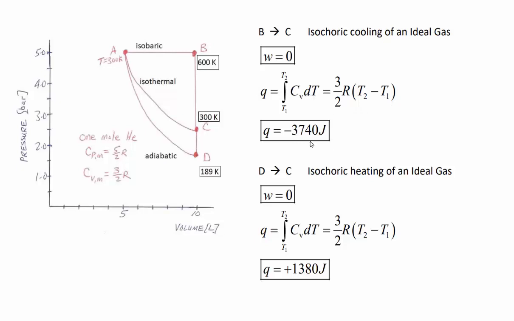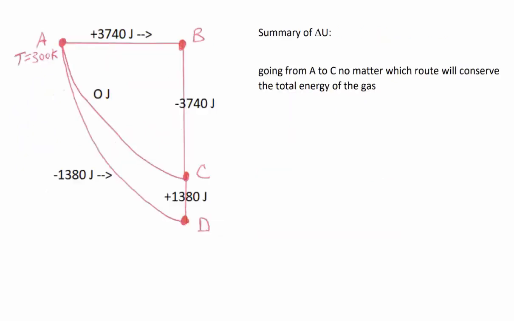So that's very easily done. We get minus 3740 for the B to C process, and positive 1380 for the D to C process. This number we had before, right? Because we used that when we used the thermodynamic cycle to calculate the work involved in the adiabatic expansion.